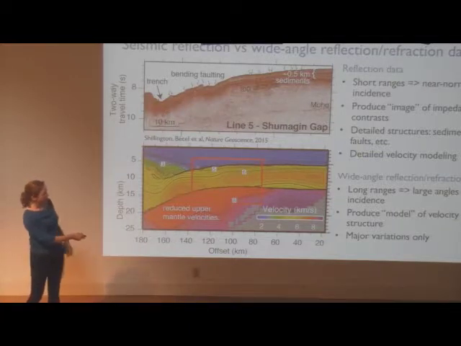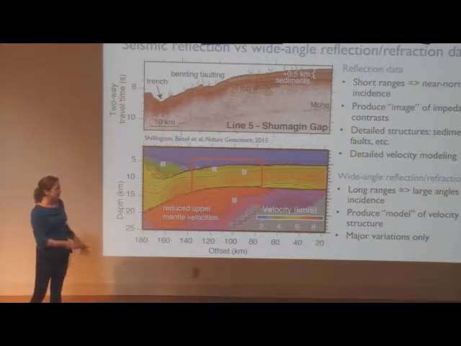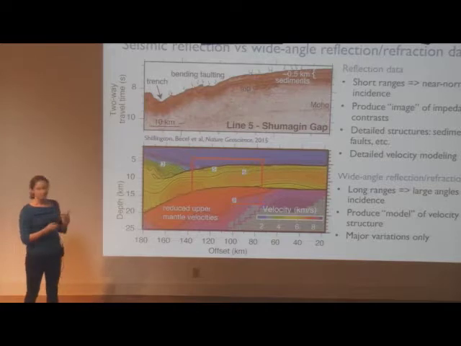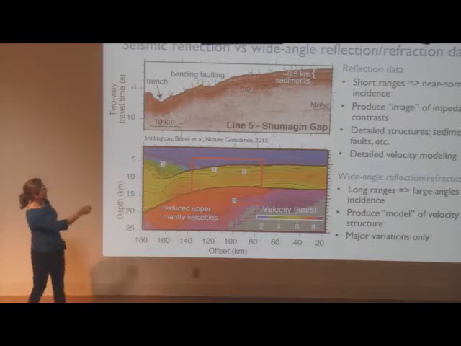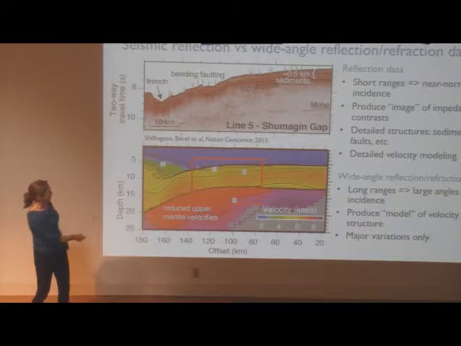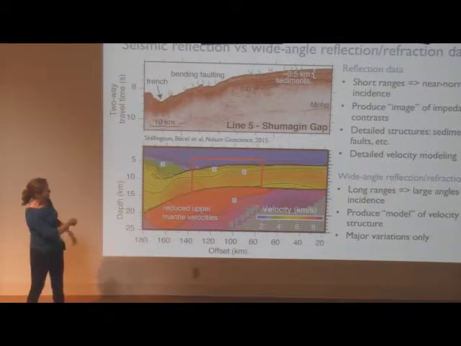And these are complemented by wide-angle reflection-refraction data, which are normally used to create models of P-wave velocity of the Earth. This reflection image is from here, and now we're looking in depth across the incoming plate. This is colored by P-wave velocity. So all the oranges and yellows are crust.